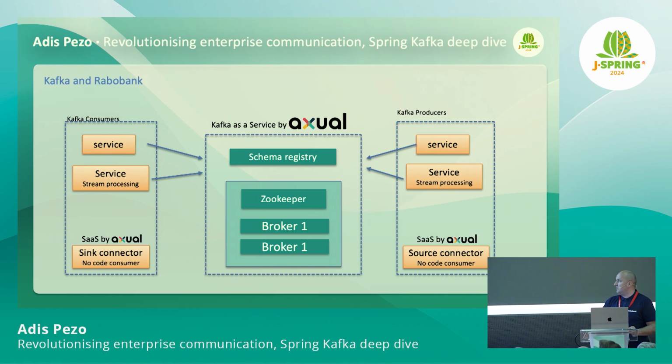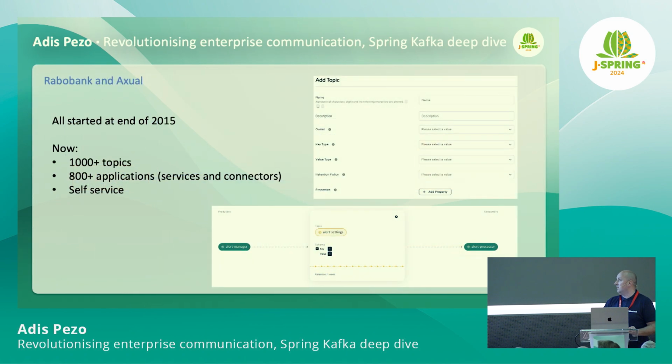So it is pretty easy for us, and when you look at how we use it in the Rabobank, and how Axual basically was started. It started at the end of 2015 inside of Rabobank. It got developed by a team, and then it became a big success, and they became their own entity as Axual.